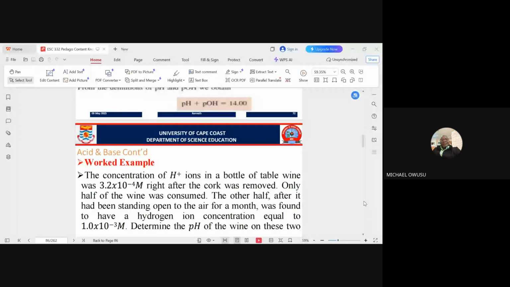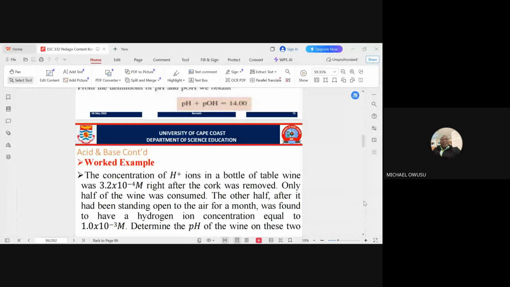Calculate the concentration of H3O plus, that is hydronium ion, in 0.025 molar aqueous solution of HCl, and hence the pH and the pOH of the solution.